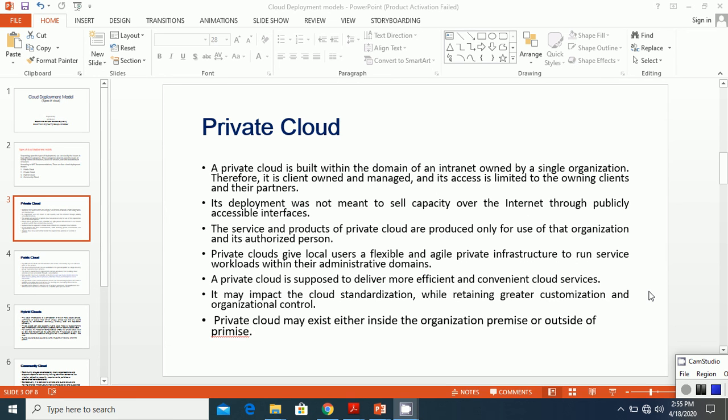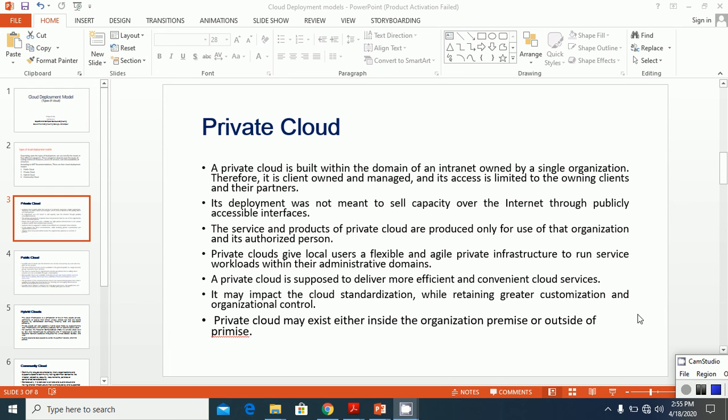Since it is owned by a single organization, policies can be made and changed easily. Also, the setup of a private cloud is easy as the size is small, and the organization's existing resources and infrastructure can be used as part of the cloud by leveraging cloud-enabling technologies.